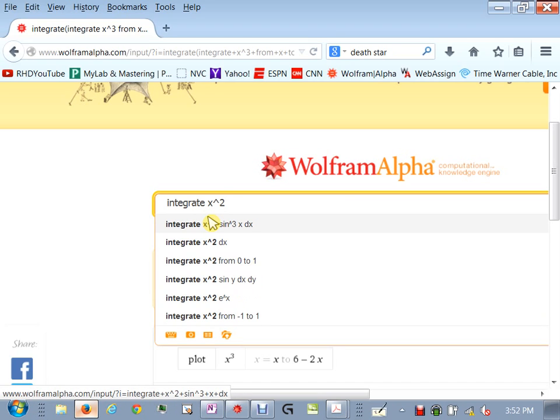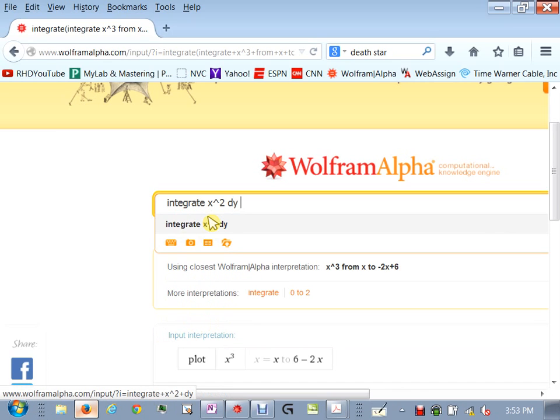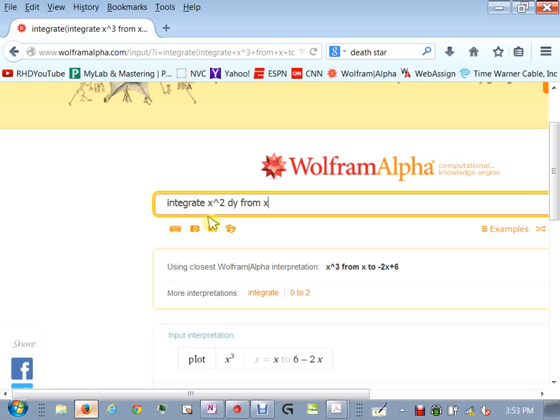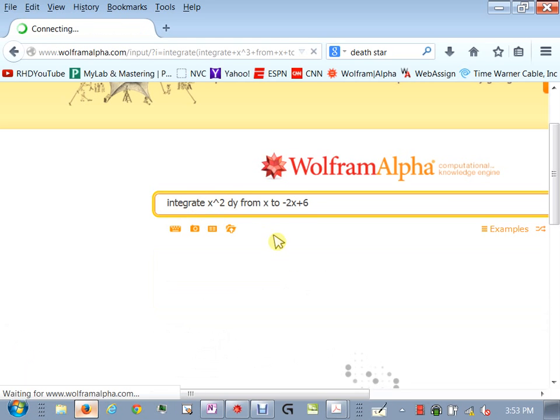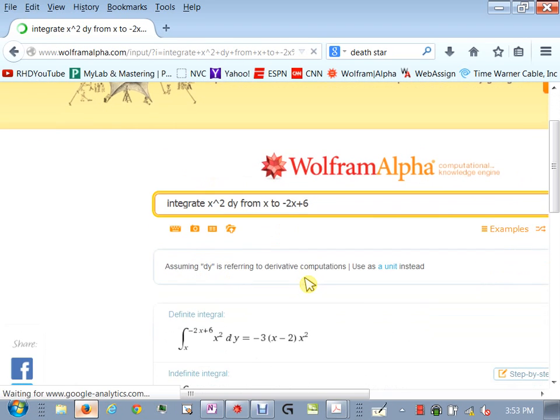I don't use Wolfram Alpha. I use Mathematica. So dy, is that what you're saying? From x to negative 2x plus 6? Yeah, that makes more sense. Let's see if it does it.